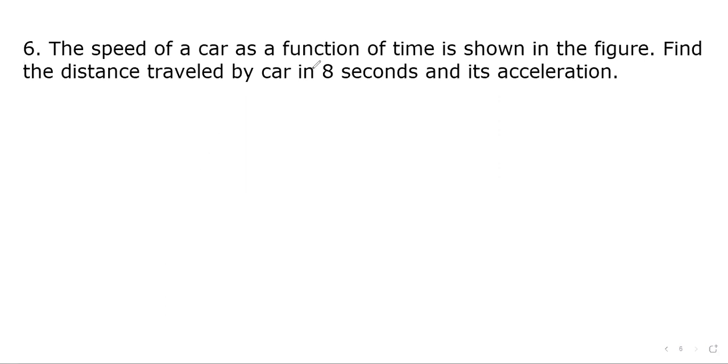The speed of a car as a function of time is shown in the figure. Find the distance traveled by the car in 8 seconds and its acceleration. The figure is this. From this figure, we can evaluate the various values indicated.